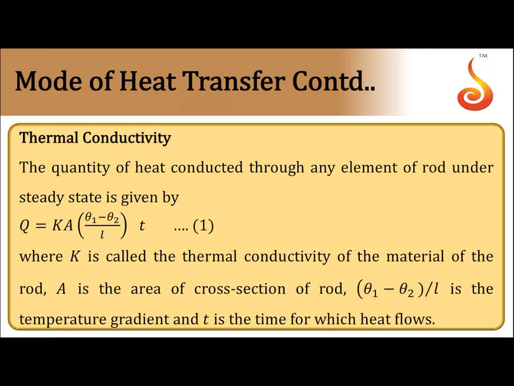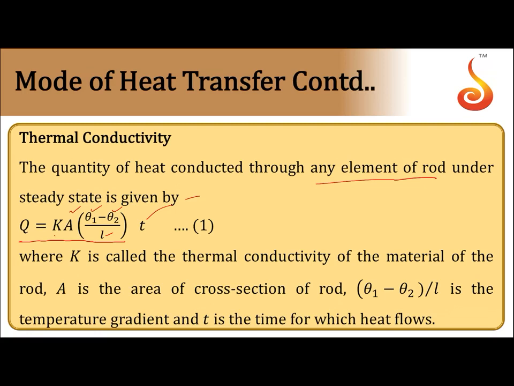Now we will come to the concept of thermal conductivity. The quantity of heat conducted through any element of the rod under steady state is given by Q is equal to K A (theta 1 minus theta 2) T divided by L, where theta 1 is the temperature of the hot end, theta 2 is the temperature of the cold end, and L is the length of the rod between the hot and cold ends. A is the area of cross section of the rod, and T is the time for which the heat is allowed to pass.